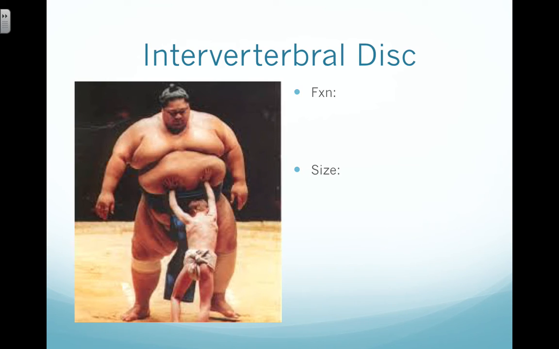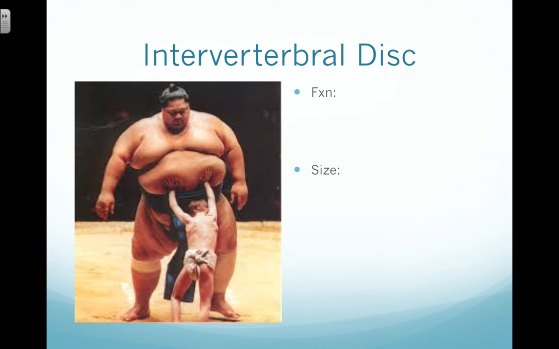Our role of our discs is to increase motion and to also transmit load from one vertebral body to the next. The size matters, and it helps relate to the magnitude of force transmission that can happen. So smaller in the cervical spine, about 3 millimeters, larger up to 9 millimeters in the lumbar spine.